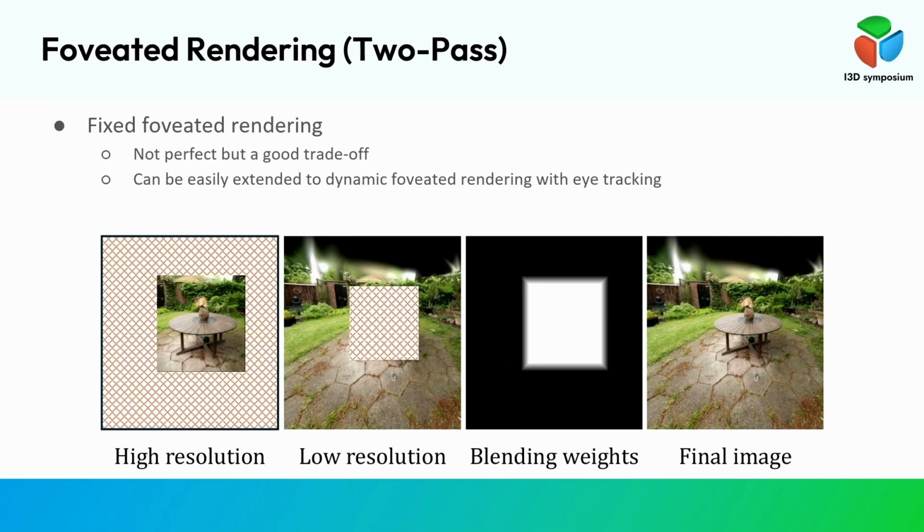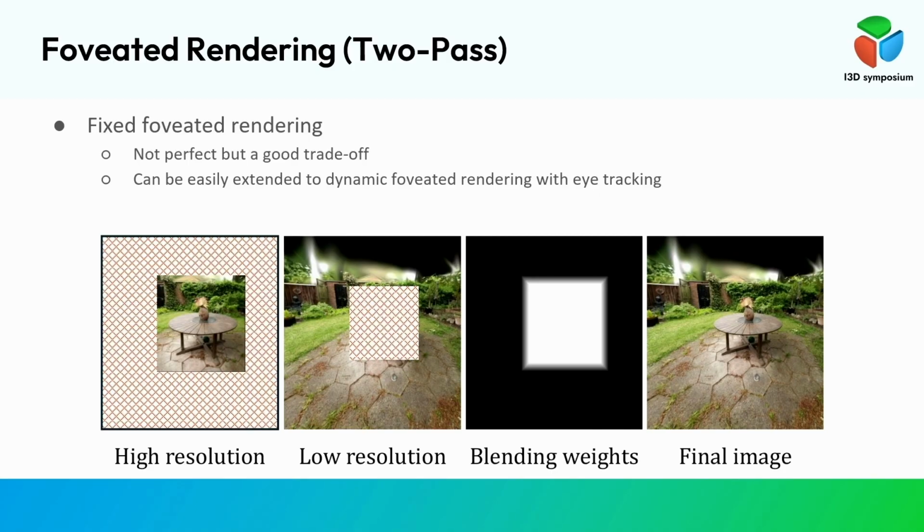To further accelerate our rendering process, we utilize a common technique in VR, foveated rendering. We implemented fixed foveated rendering, and we consider it a good trade-off between quality and performance. It can be easily extended to dynamic foveated rendering as long as eye tracking devices are available. A naive foveated rendering solution requires two rendering passes.